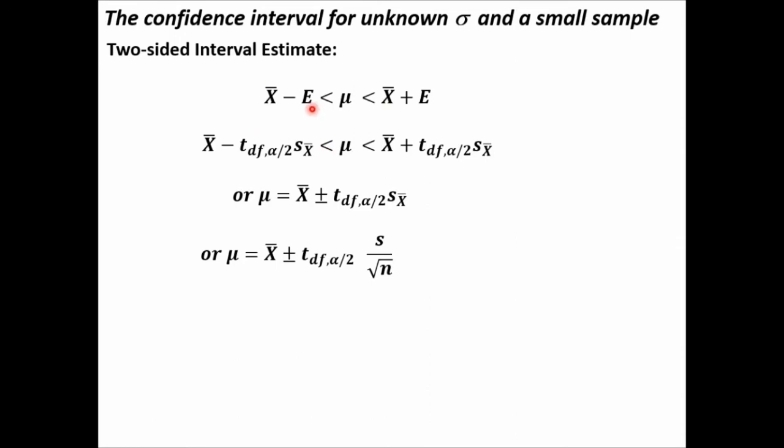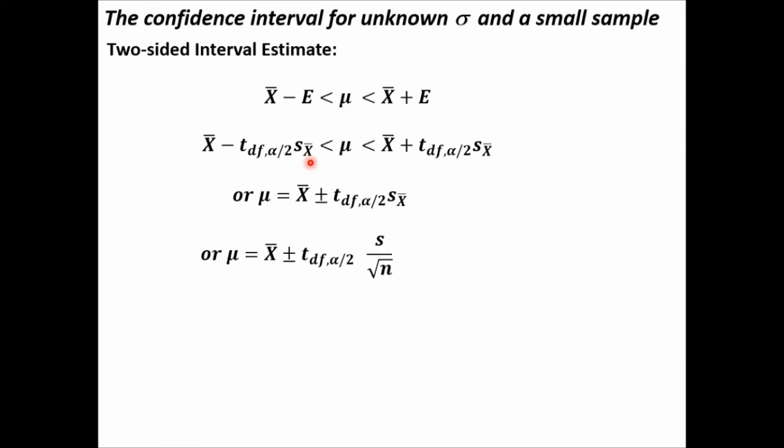The only difference now is that we don't know the standard deviation of the population and the sample is small and we are willing to assume normality. Then we have a new margin of error here determined by the t-value at the degree of freedom specified and the area, times the standard error, or s over the square root of n.